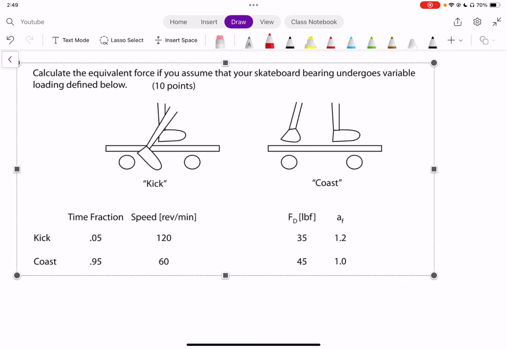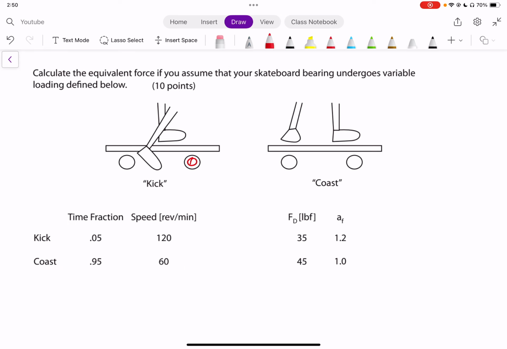So our bearings are going to be these bearings right here. And then 95% of it is going to be at 60 RPM with a time fraction of 0.95. Now, in real life, that's not actually how a skateboard completely works, because we actually have a slightly different system for that to happen. But hopefully it'll make sense and we can work on this problem.